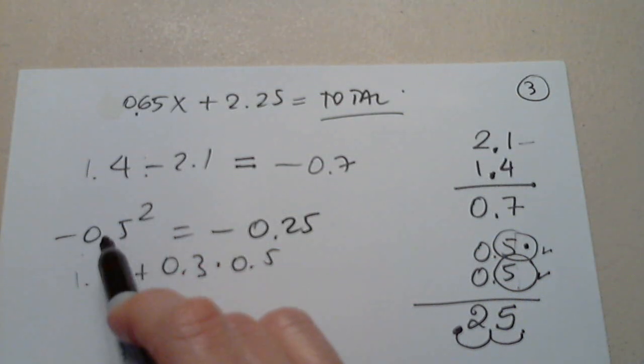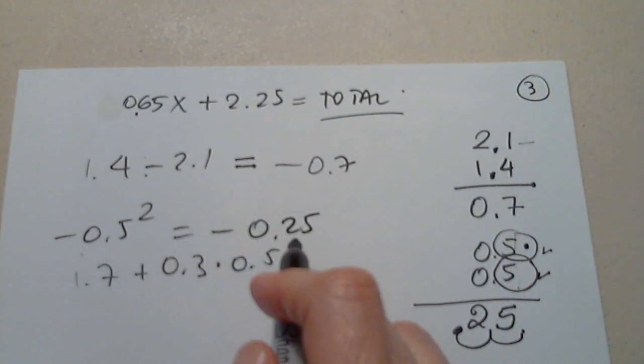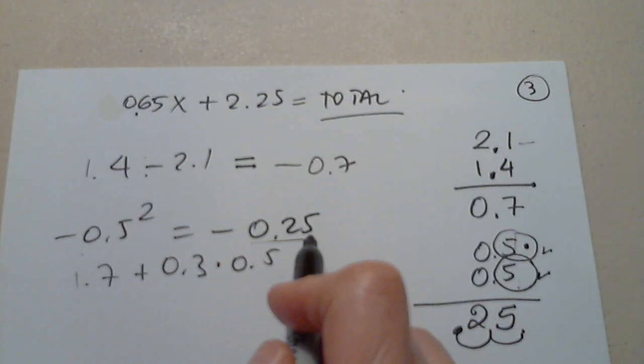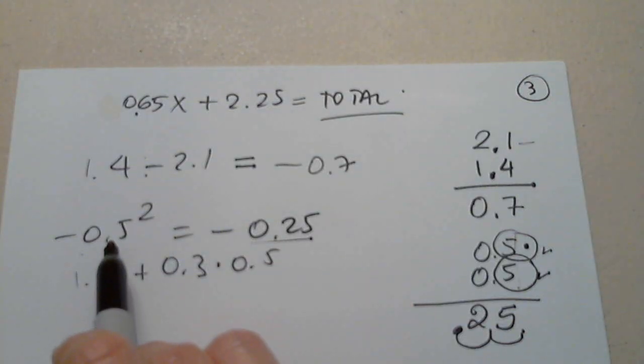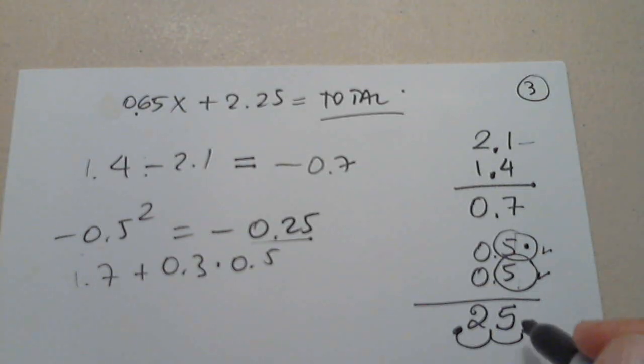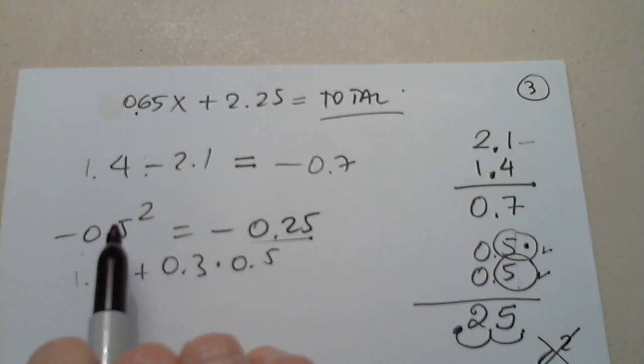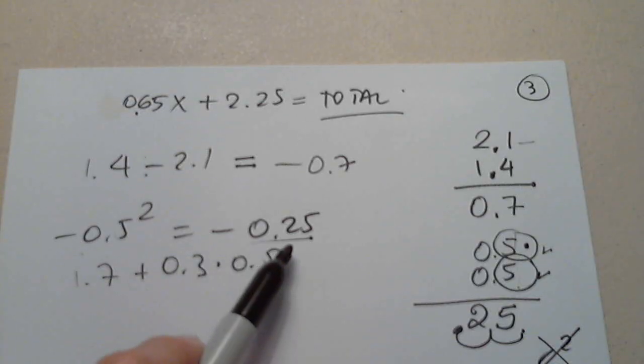Always remember, when you multiply 0.5 by 0.5, you get a much smaller number, right? 0.5 is 50 cents. When I multiply 50 cents by 50 cents, which is not possible because I cannot have cents squared, it's a silly example. But what I'm saying is, when you multiply 0.5 by 0.5, you get 0.25.